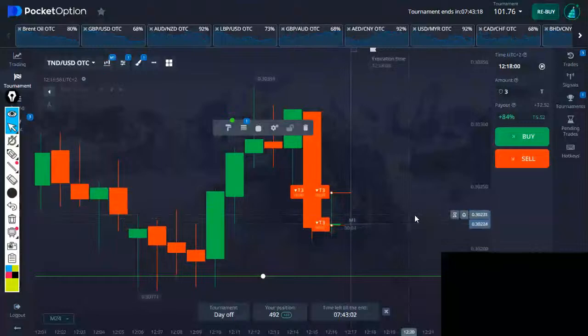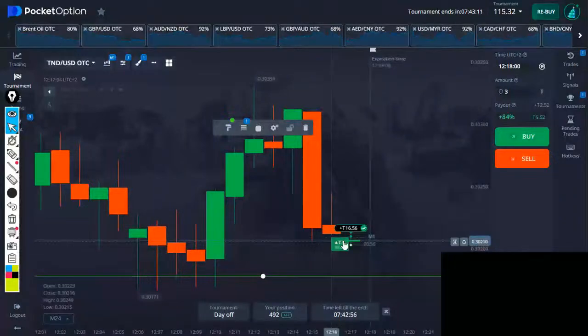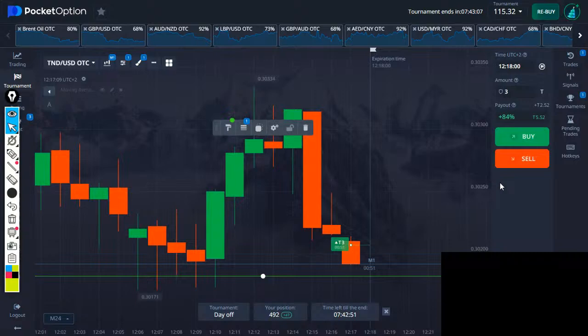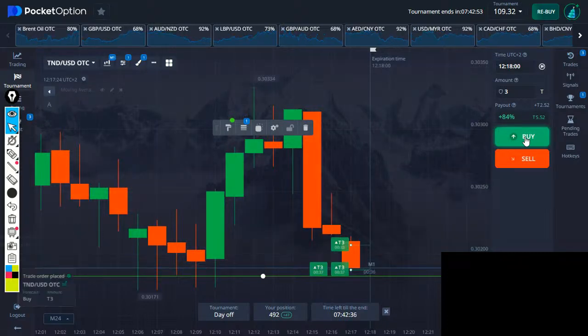Okay, nice, beautiful. Come on. That's it. That's a buy support. Huge gap to the downside. If it reaches this zone, I'll take three. Two more. Two more. If it goes further down, I'll take five.